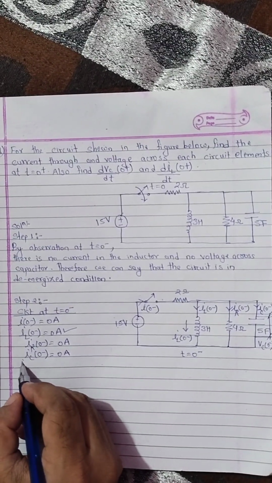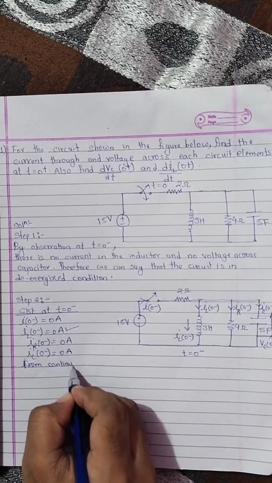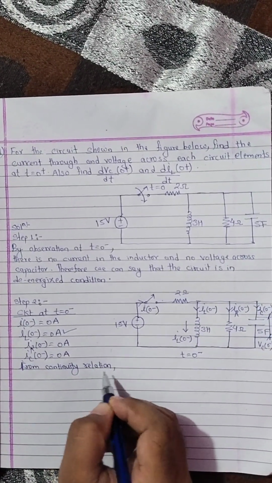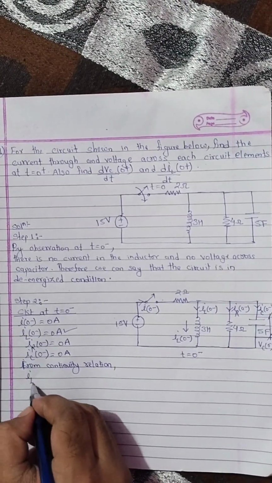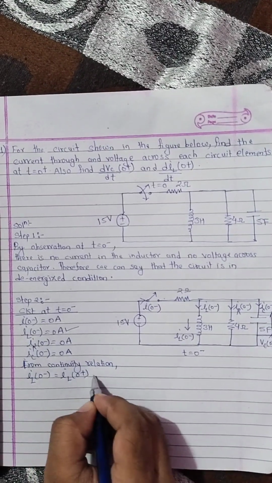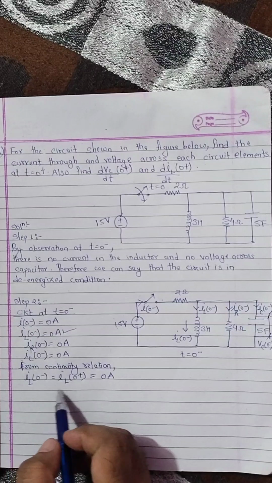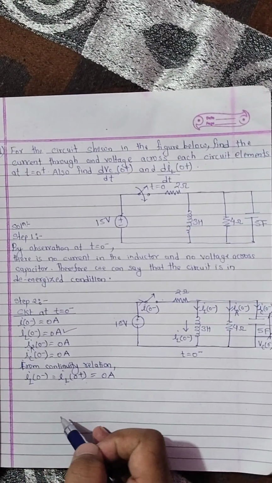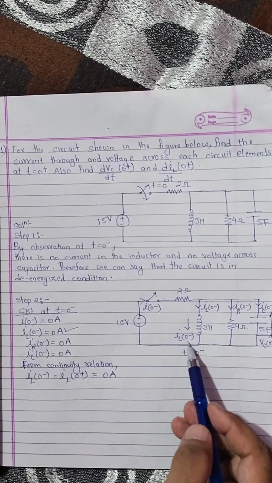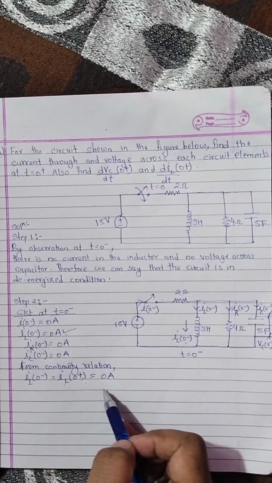From the continuity relation, we can say that IL0 minus equals IL0 plus equals 0 ampere. So our main target was to calculate IL0 minus, which is 0 ampere, and from the continuity relation IL0 plus equals 0 ampere.